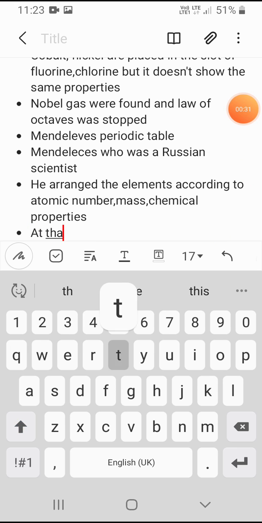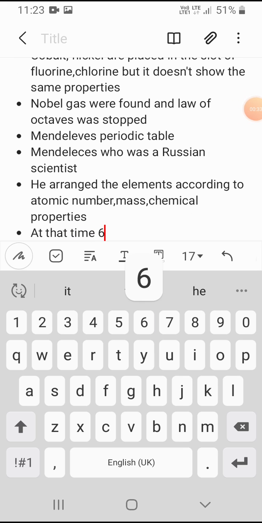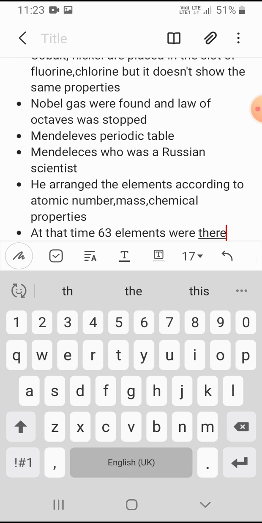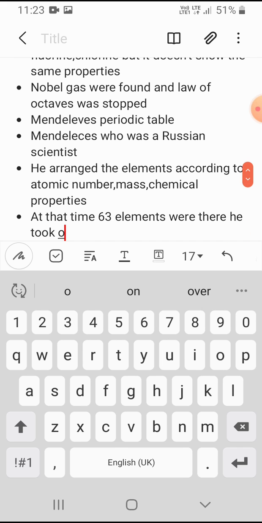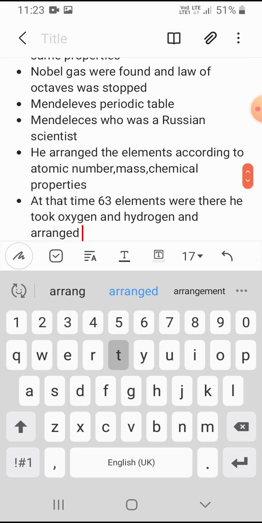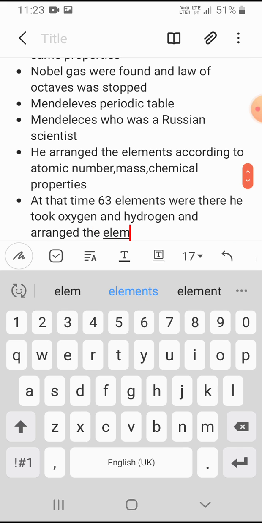At that time 63 elements were known. So he took oxygen and hydrogen and arranged the elements on that basis.